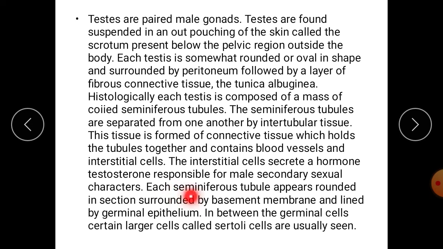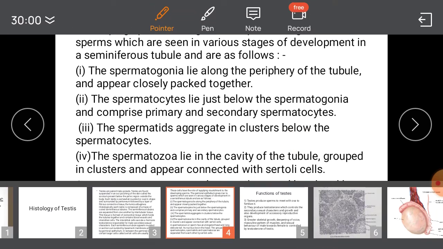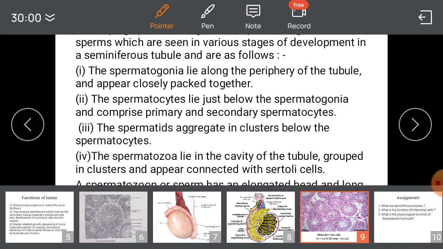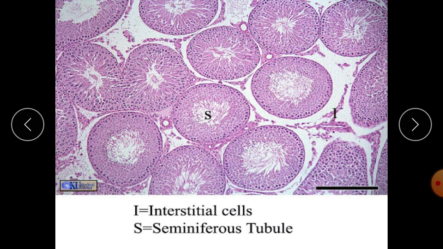Each seminiferous tubule appears rounded in section, surrounded by basement membrane and lined by germinal epithelium. In between the germinal cells, certain larger cells called Sertoli cells are usually seen. See here, these are seminiferous tubules.